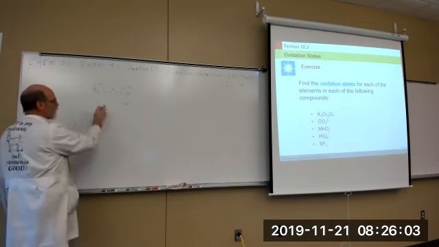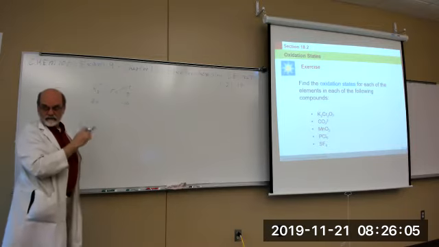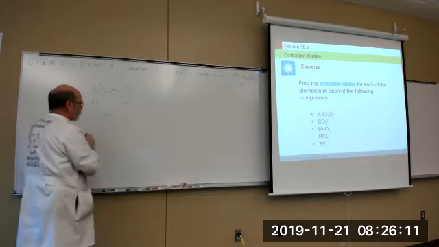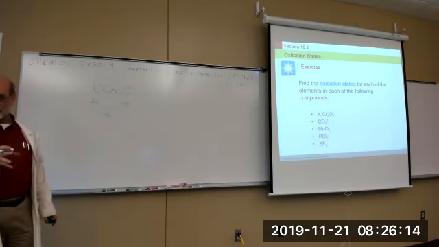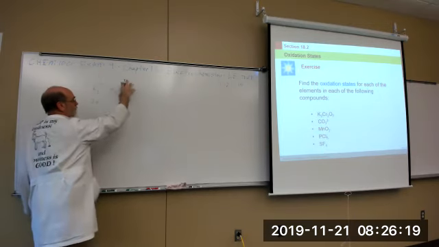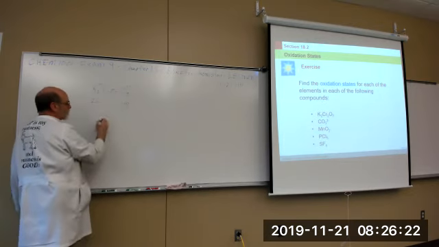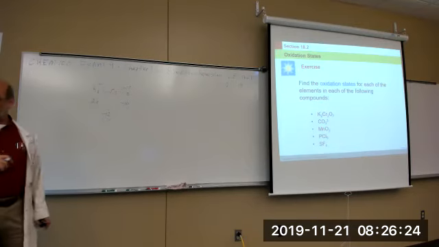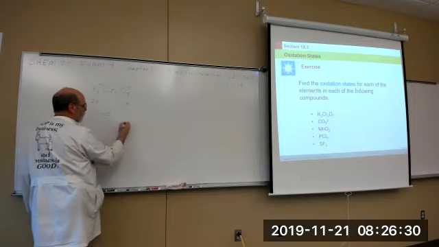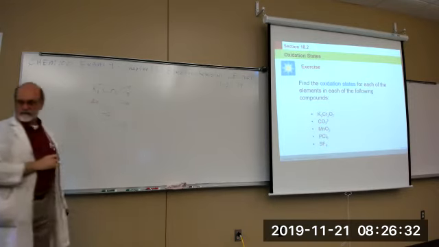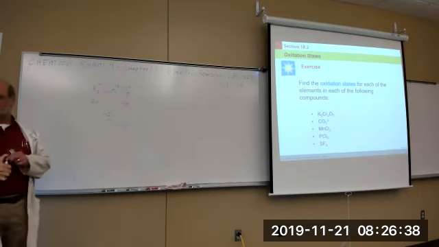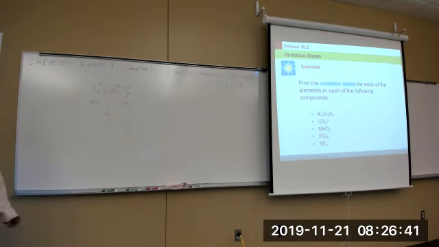The total of 2 plus and 14 minus is 12 minus. So to make this compound neutral, since we have 12 minuses between potassiums and oxygens, these chromiums have to balance with a total of 12 pluses. And since we have 2 of them, each one is a +6. It's simple math.